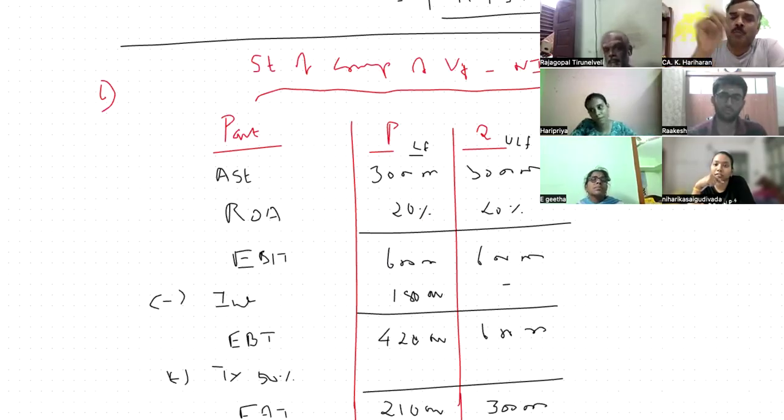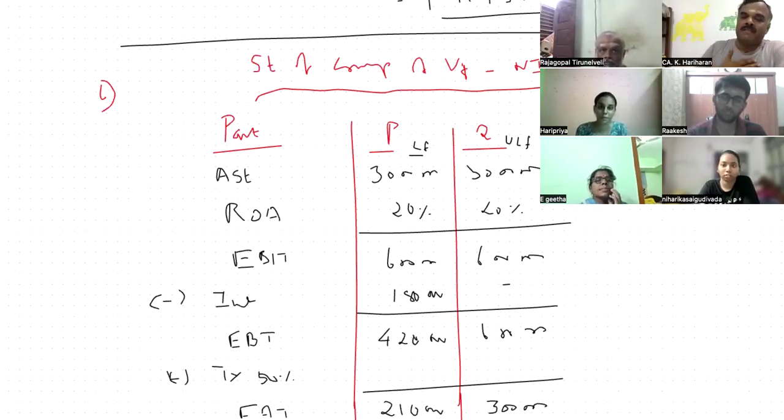Return should be high for more risk, less return for less risk. Since shareholders are taking more risk, we have to pay more dividend, a percentage of profit. Whereas for Rakesh, a debenture holder, there is less risk, therefore only a fixed amount of income. Am I right or not?